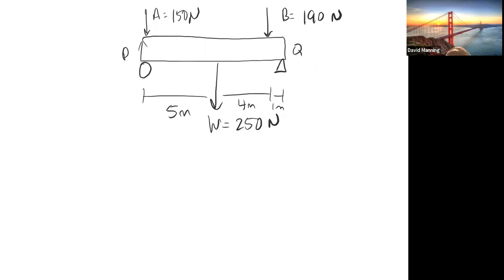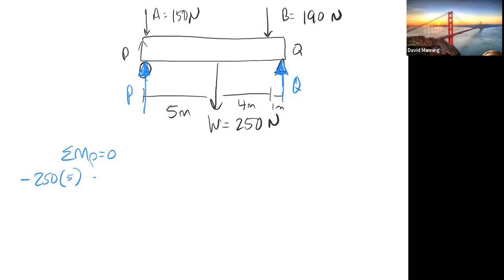We're going to have a force out here at Q and a force out here at P. Sum of the moments about P equals 0. A does not create a moment, so we can go to W. 250 times 5, and that's a negative moment.